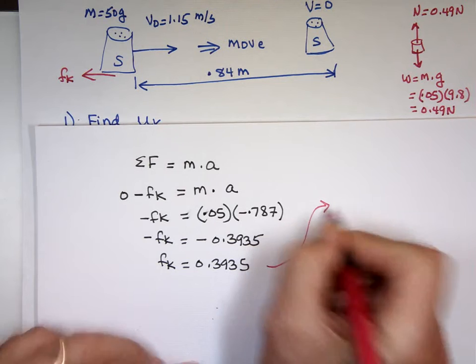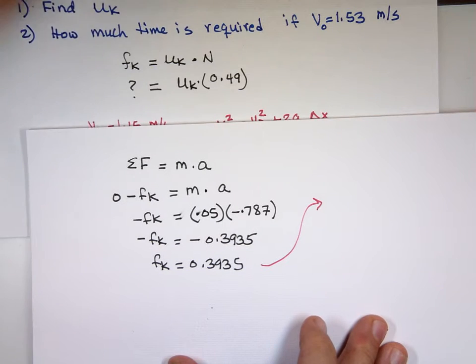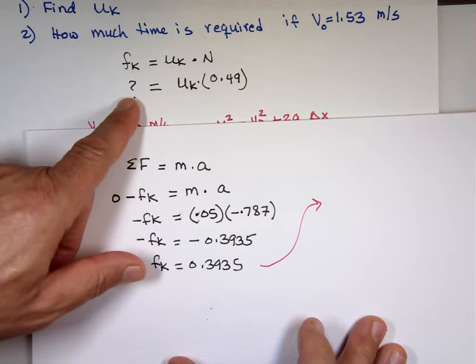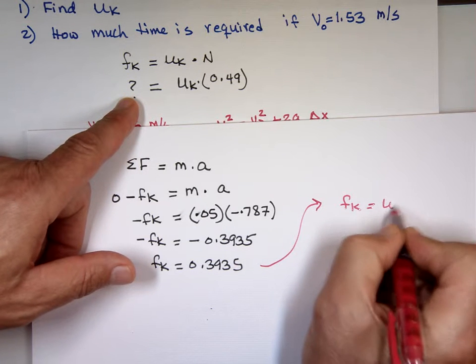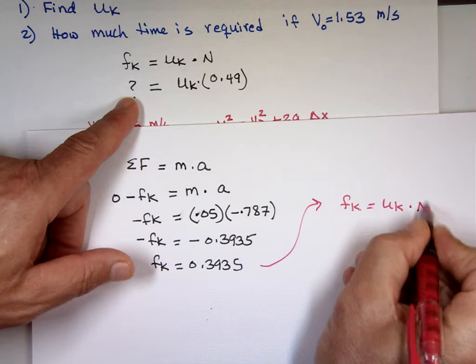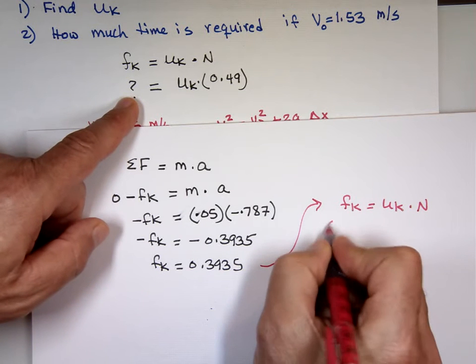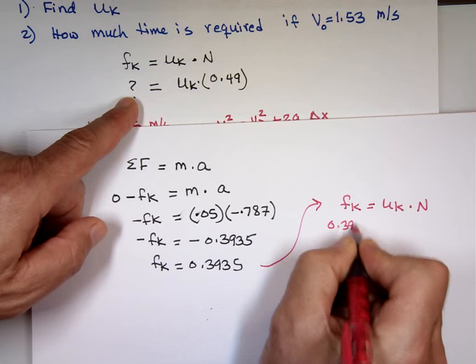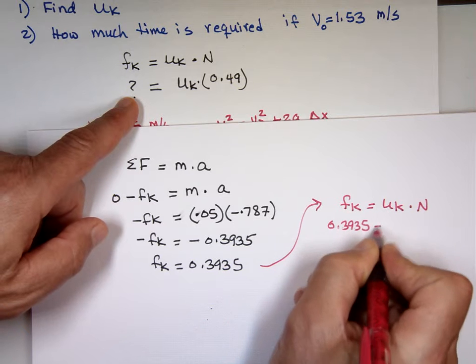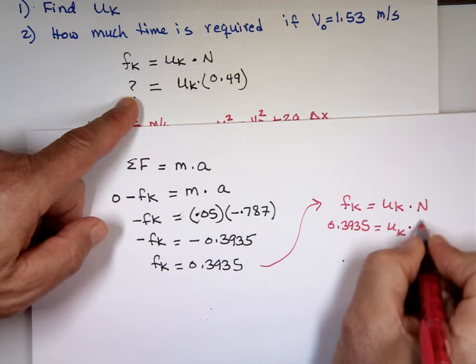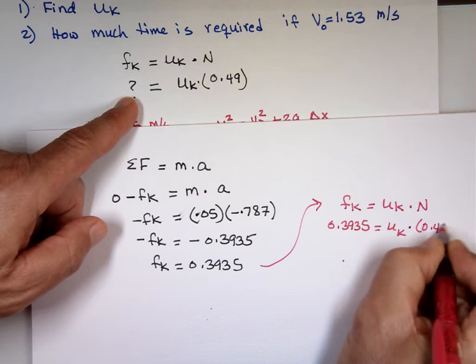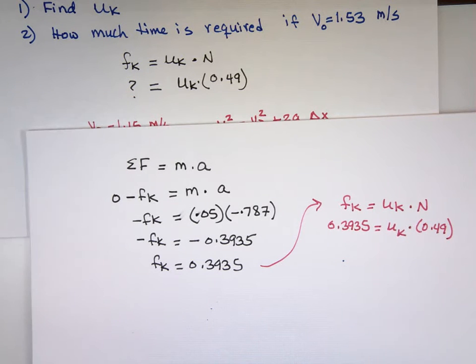Let's go back to the first equation we wrote today. We wrote this equation. We said Fk equals mu k times N. Let's write what we know. We know what Fk is now, 0.3935 equals mu k times 0.49. Can we solve for mu k?